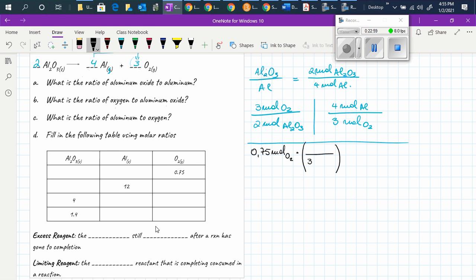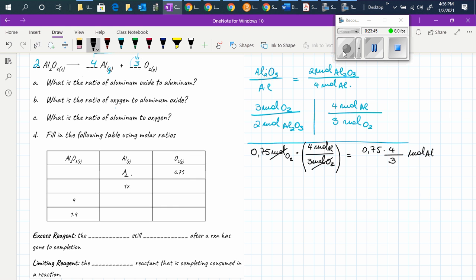So 3 moles of oxygen are produced when 4 moles of aluminum are produced. Moles of oxygen cancel out, and we have 0.75 times 4 divided by 3, and the answer will be in moles of aluminum. When you multiply those together, you will have 1.